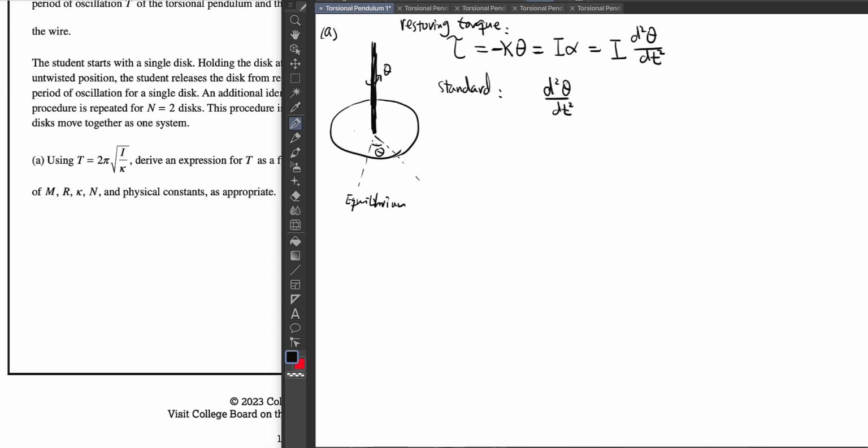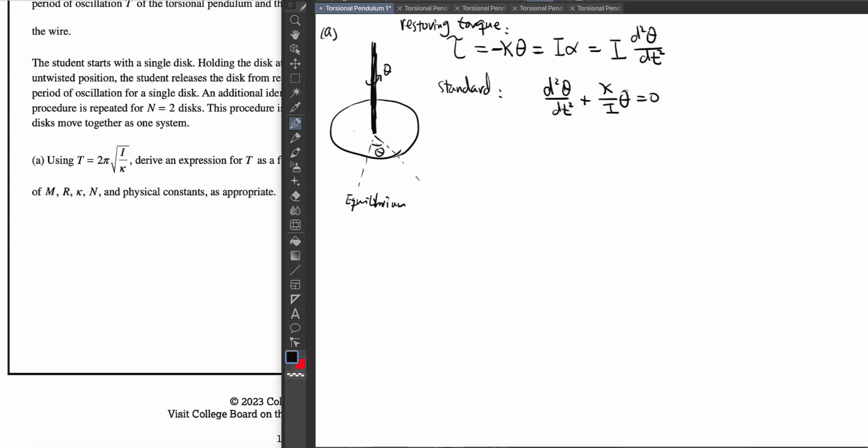So single out the second derivative, and then divide each term by I. So we will have the second derivative of theta plus kappa over I theta equals 0. That form is called a standard differential equation for simple harmonic rotation.